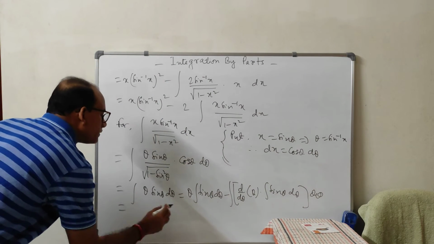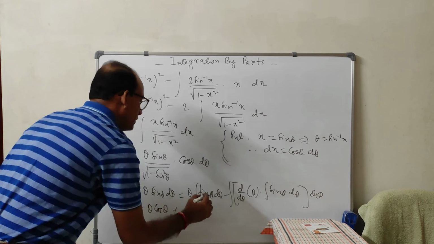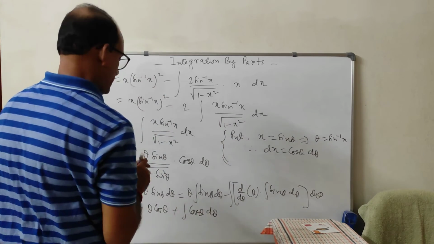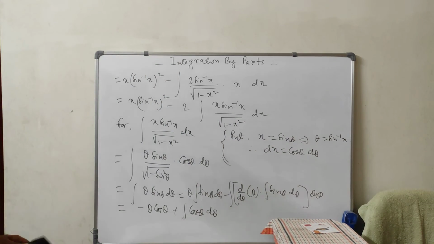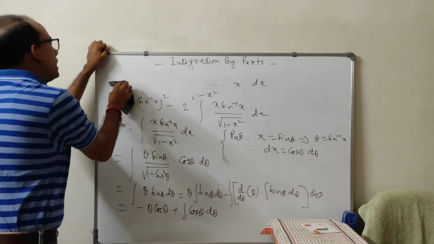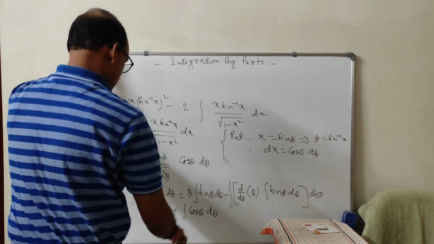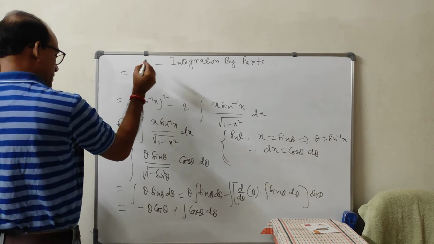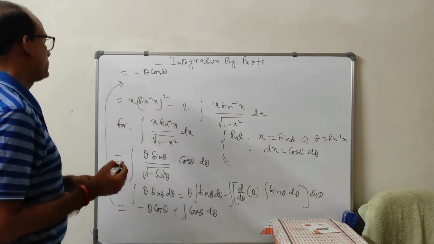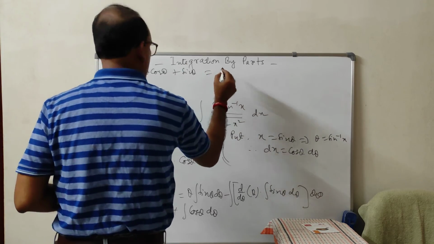Okay, so this is minus theta cos theta minus minus plus integration cos theta d theta. So I'm writing the first line here. It is minus theta cos theta, and integration cos theta is sin theta.